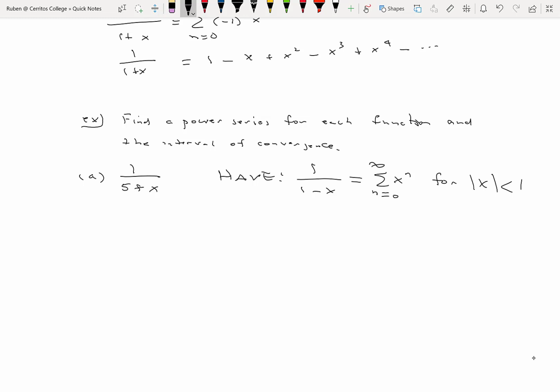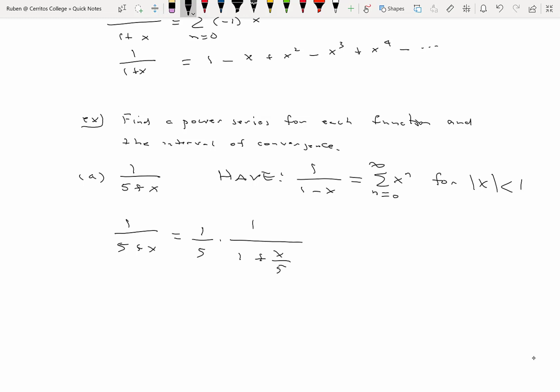Well, the 5 is a problem. So force the 5 not to be there anymore. 1 over 5 plus x equals, factor a 5 out of the denominator.